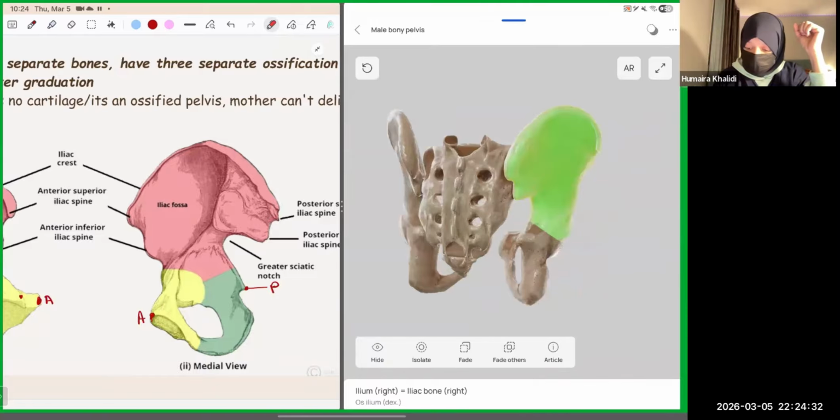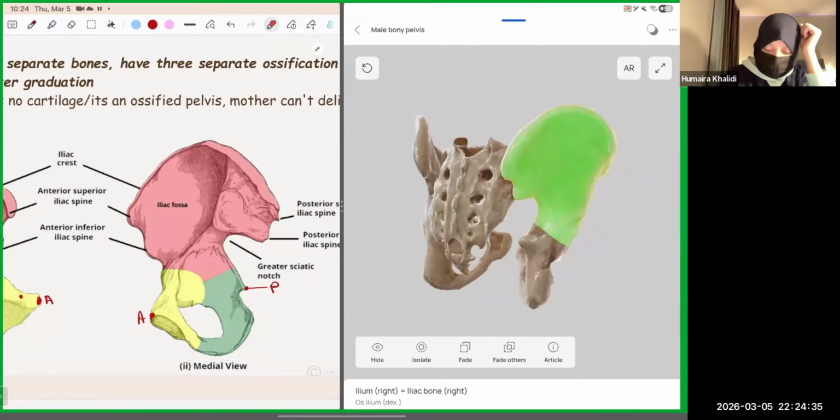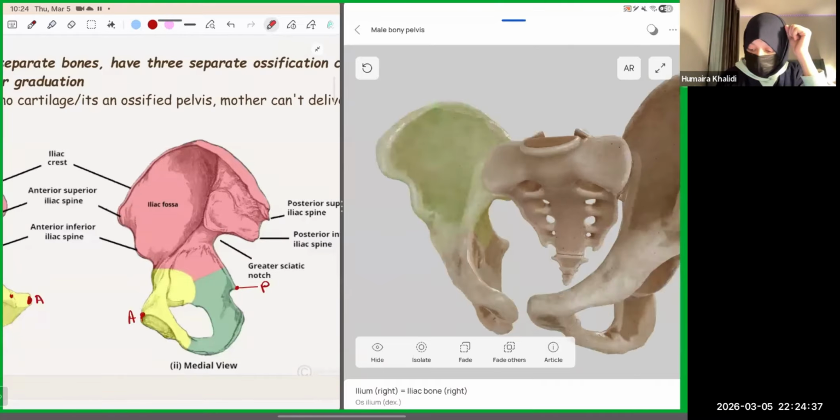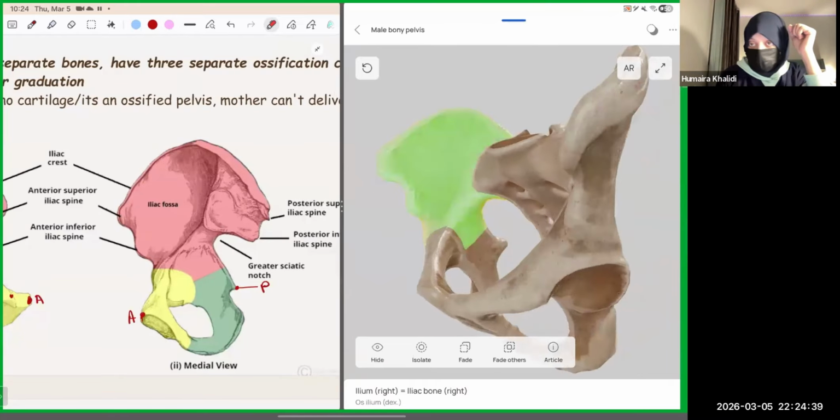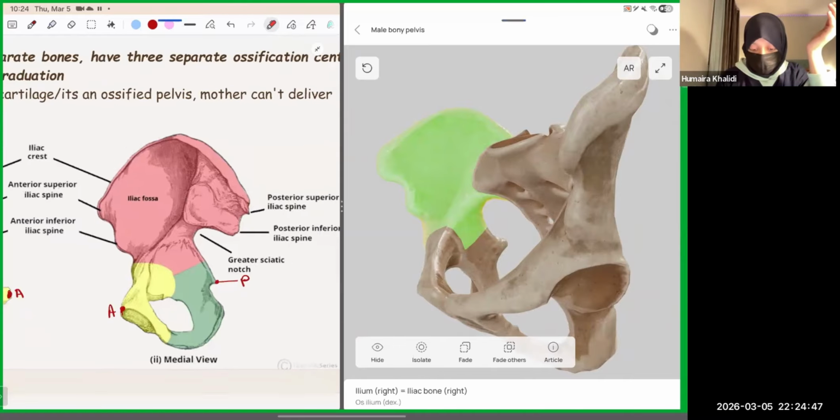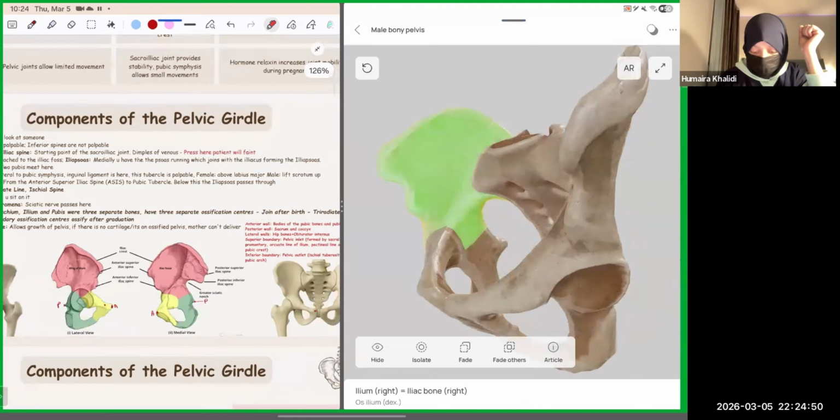This is the ischial notch, essentially. Imagine me looking at it from here. This is going to be the ischial notch. What is the significance of the ischial notch? We'll find out in the later slides, inshallah.